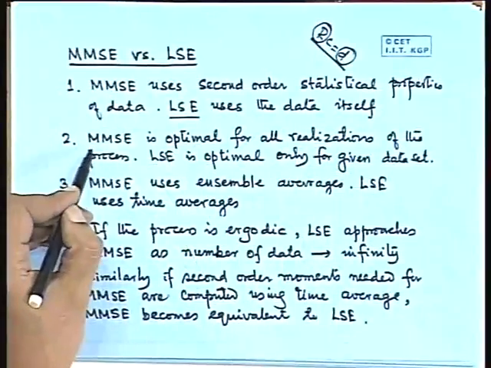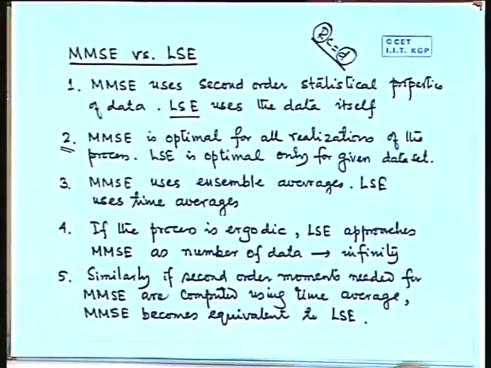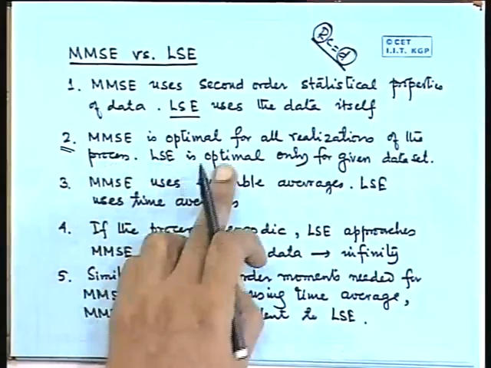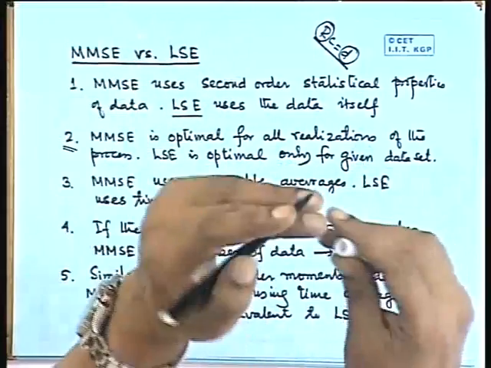The second thing is that the MMSE is optimal for all realizations of the process, while LSE is optimal only for the given data set. It doesn't say anything about what will happen if you use the same weighting coefficients. Suppose given one data set, you have computed some optimal weights in the LSE sense and got some CKs.